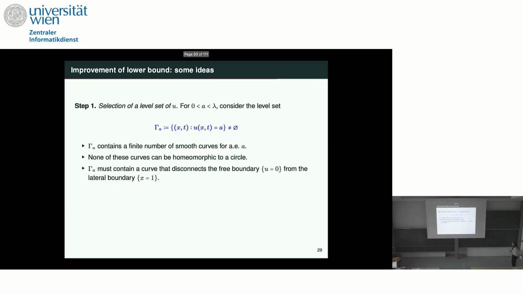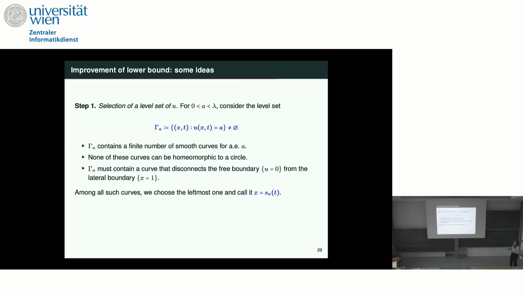And one more property, which is by continuity, we know that one of these curves has to disconnect the free boundary from the lateral boundary. Okay, so this is what I call S_A. There could be more than one, so you take the one that is most to the left. Okay, so the one that is most to the left, you call it X_A.